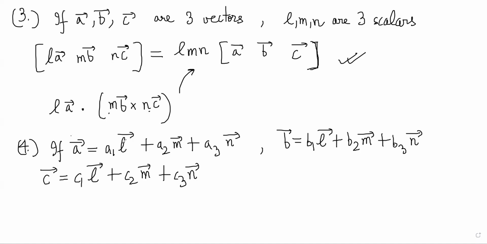Each vector is being written in terms of three vectors, L, M, and N. So you are splitting A in terms of its components along L, M, and N, right? It could be L, M, N, could be I, J, K, or could be something else.